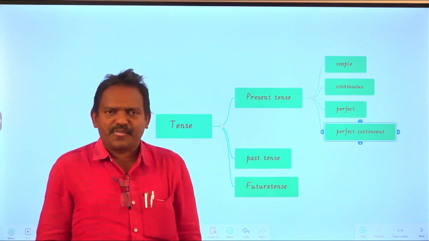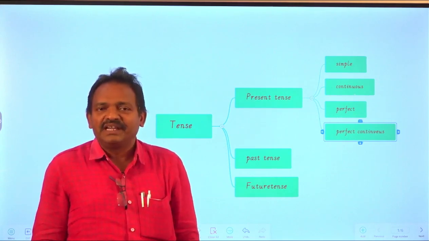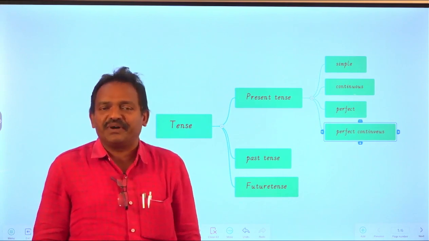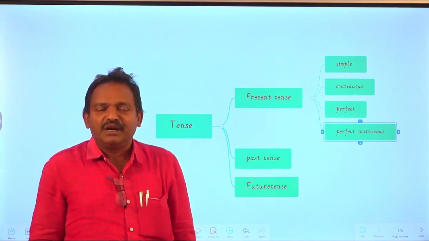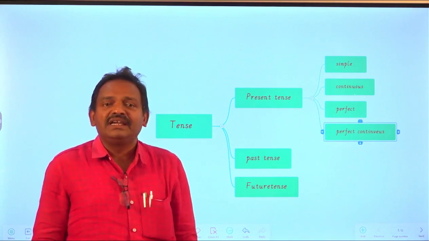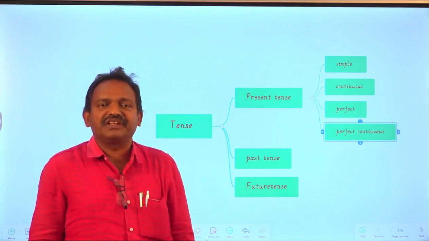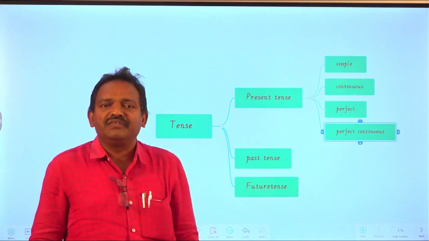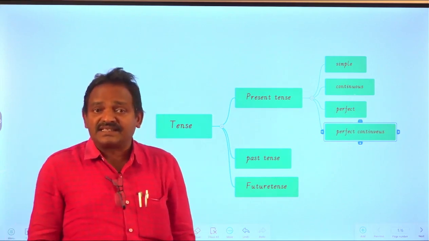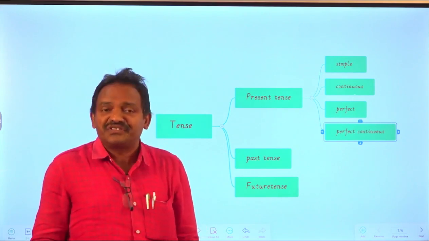What is tense? First of all, the word tense is derived from a Latin word, tempus, T-E-M-P-U-S. It is a Latin word. The meaning of tempus is time. So automatically the meaning of tense is also time. Tense is nothing but time, denoting a verb form. Definition of tense: tense tells us about the time of an action and the degree of its completeness.